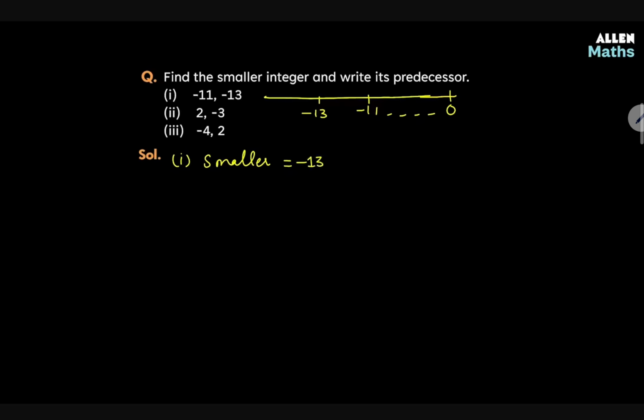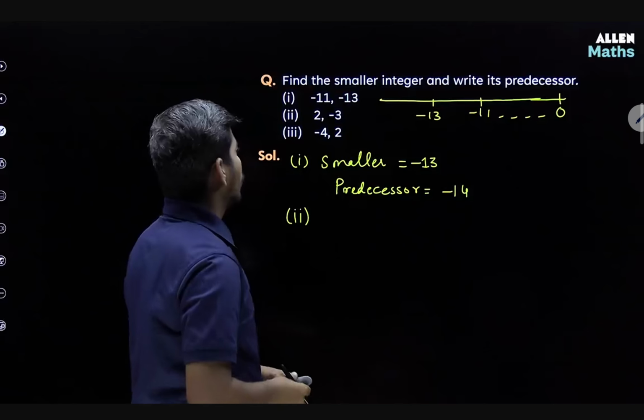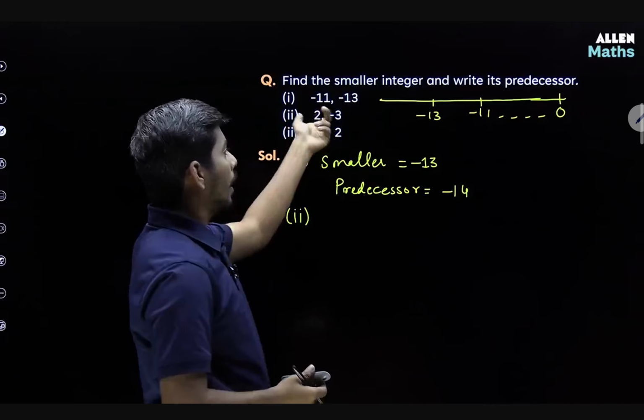and we have to write its predecessor. It means we have to do the subtraction of 1. So its predecessor is negative 13 minus 1, that is negative 14. Now for the second one, we have 2 and negative 3.